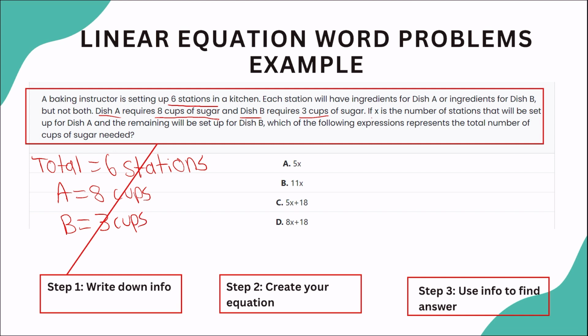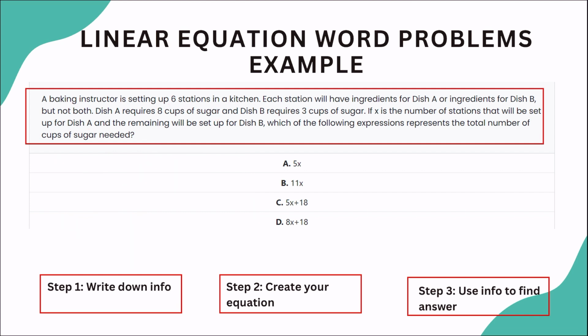And x is the number of workstations that will be set up for dish A. Number of A stations. And the remaining are set up for B. Okay, so now we have a lot clearer information here. We know what we're looking for. And so let's move on to step number 2.